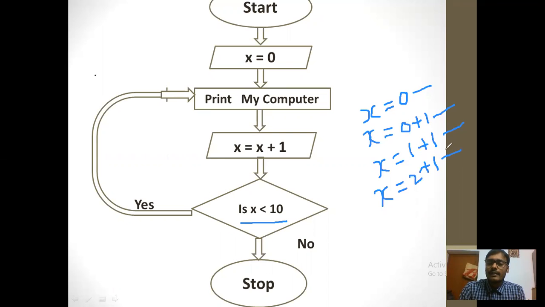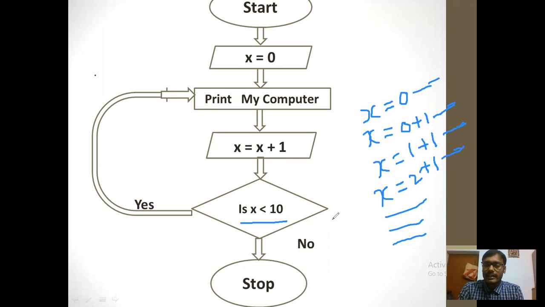In this way, it will print "my computer" 10 times. The value of x will keep increasing: after 3 it will become 4, then 5, then 6, and the time will come when the value of x exceeds 9.